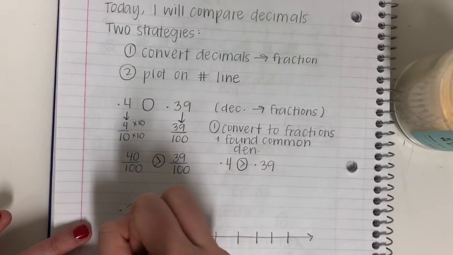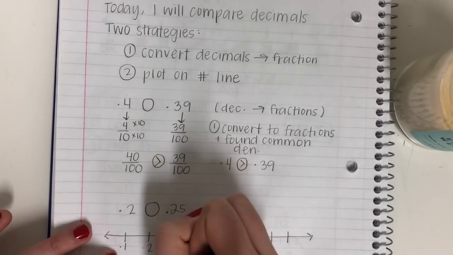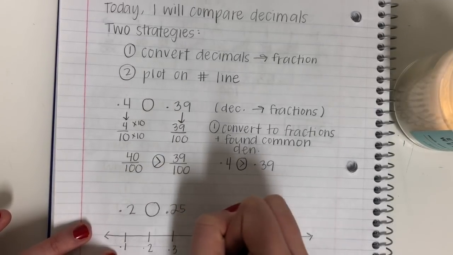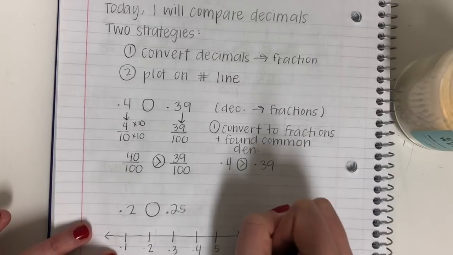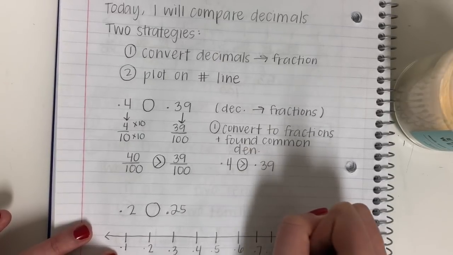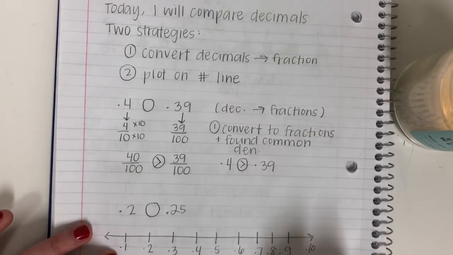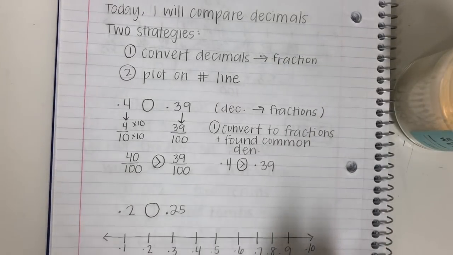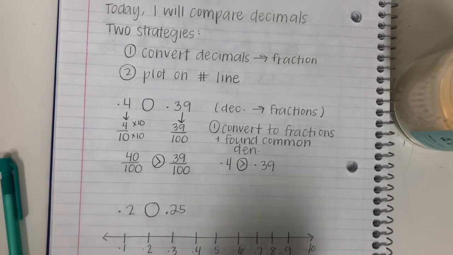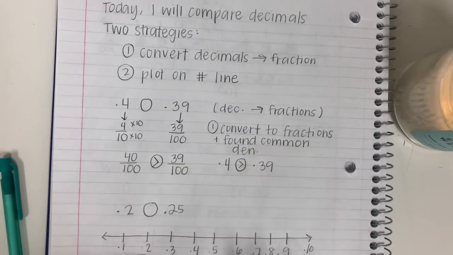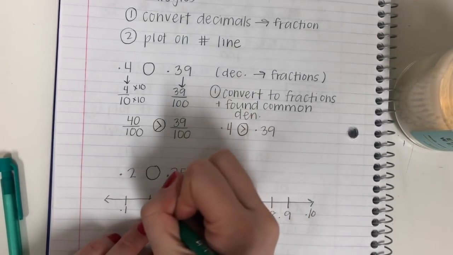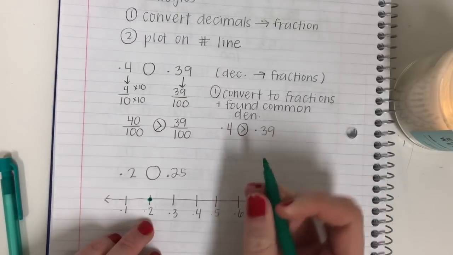So 0.1, 0.2, 0.3, 0.4, 0.6, 0.7, 0.8, 0.9, and then 0.10 would be there. So I'm just going to plot 1, and I'm going to have different colors for this. So 0.2, that one's easy because it's right there. So that goes on the number line.